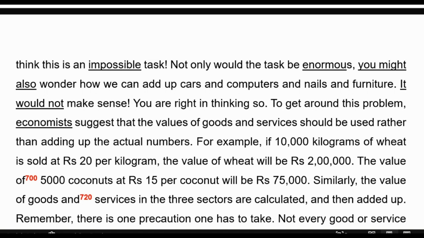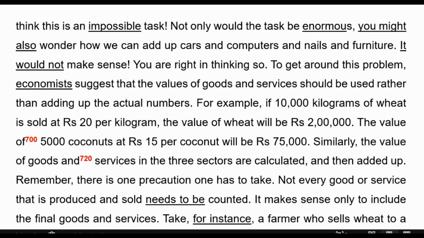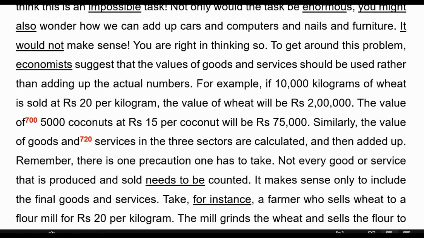Remember, there is one precaution one has to take. Not every good or service that is produced and sold needs to be counted. It makes sense only to include the final goods and services. Take, for instance, a farmer who sells wheat to a flour mill for rupees 20 per kilogram.